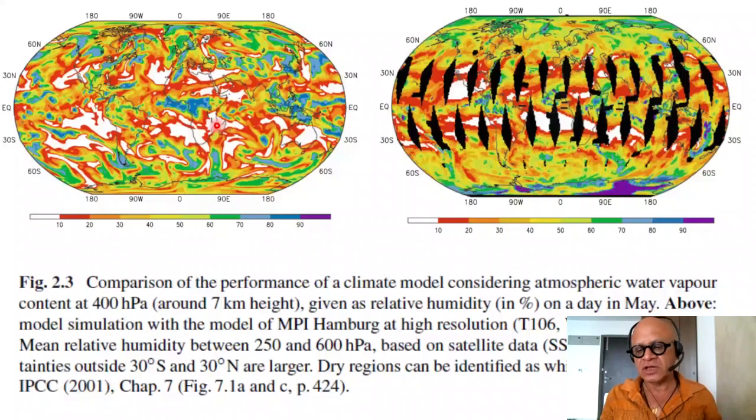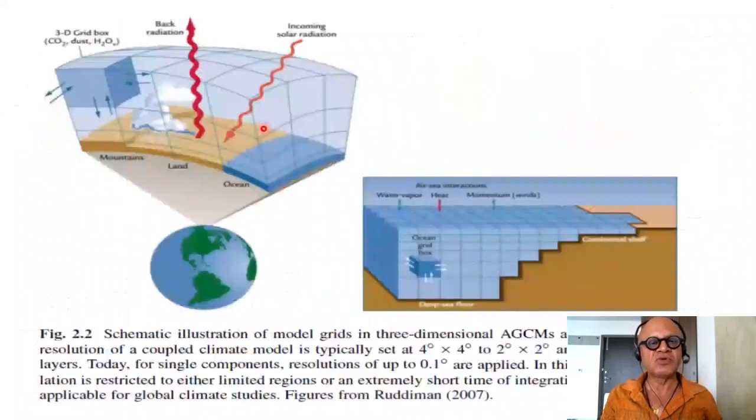So the models, I said they are split into grids, but as you can imagine, trying to fit grids into a sphere can be a problem. So often they are represented by what are called spectral representation. So how many waves can you fit to a sphere?